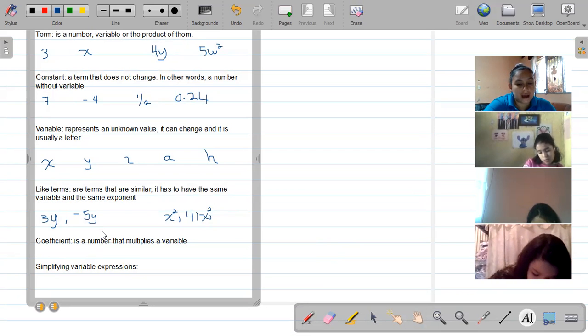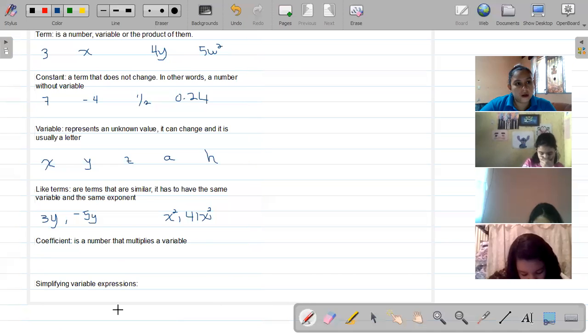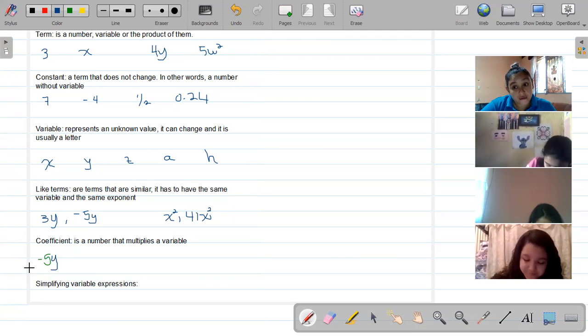Any number that is right next to the variable, that is a coefficient. So I'm going to do different colors. For example, negative 5 is the coefficient of negative 5y. The one in green is the coefficient. The one in blue is the variable. Now let's find the coefficient for x squared. And I'm going to write this in red because it is an invisible one right next to x squared.